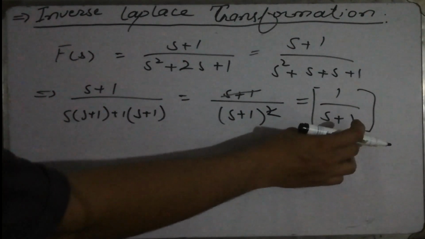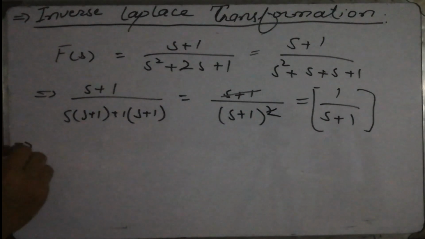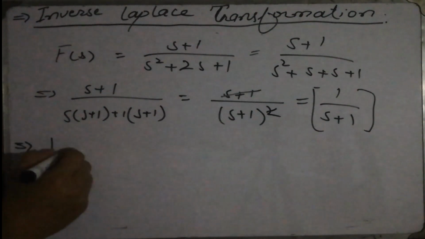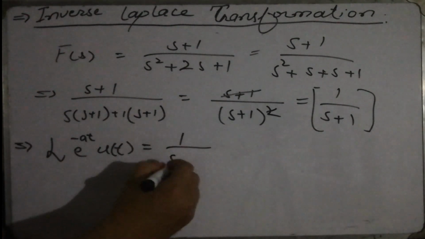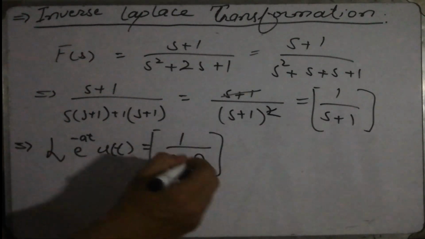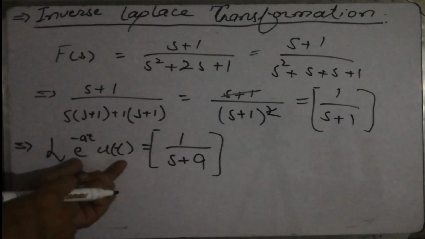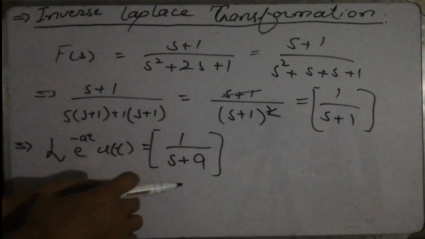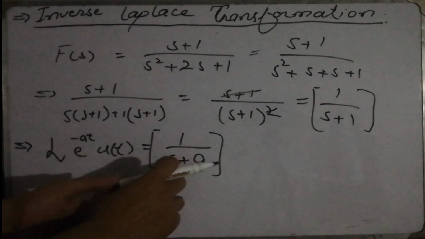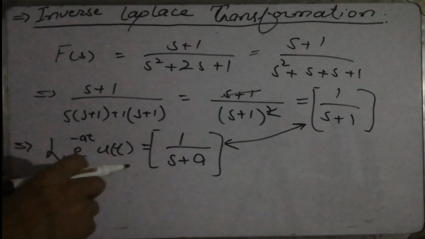Now if we check it in our table 2.1, we would see a Laplace transform like this. So the Laplace transform of this function in the time domain gave us this fraction in the frequency domain, right? And this is exactly like what we have right here.